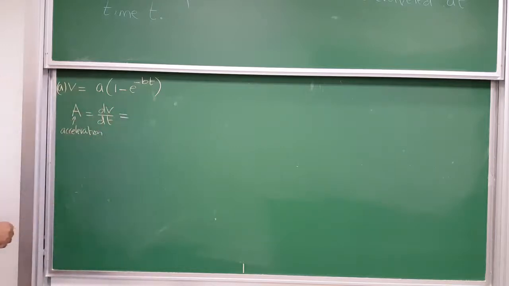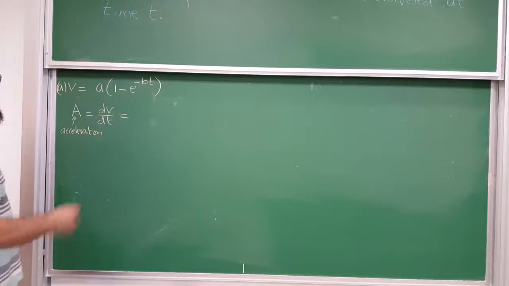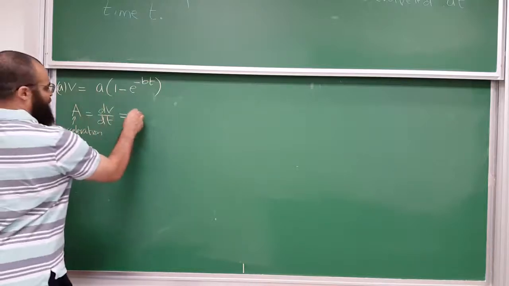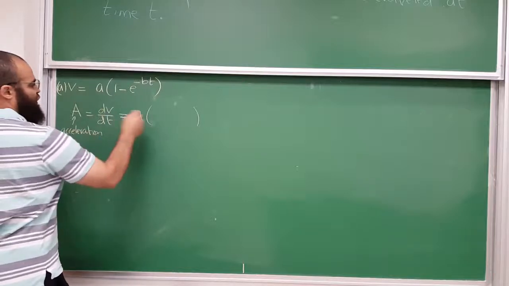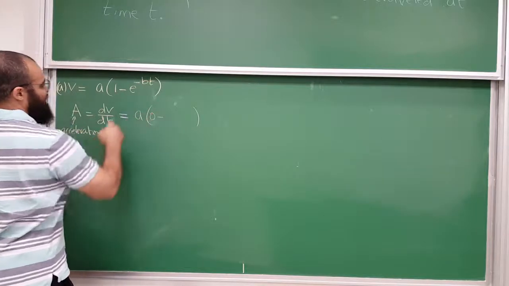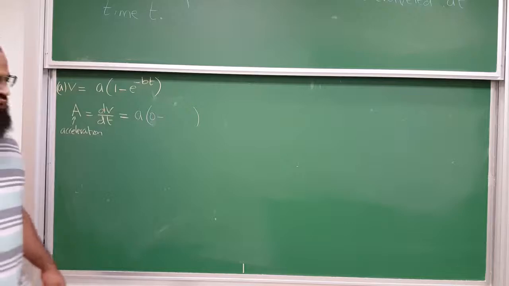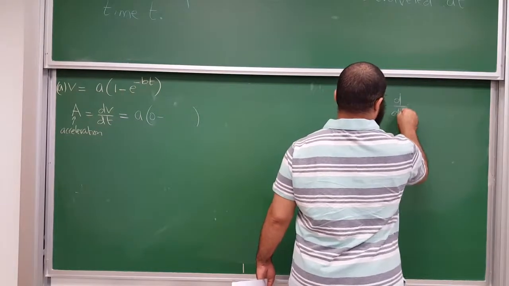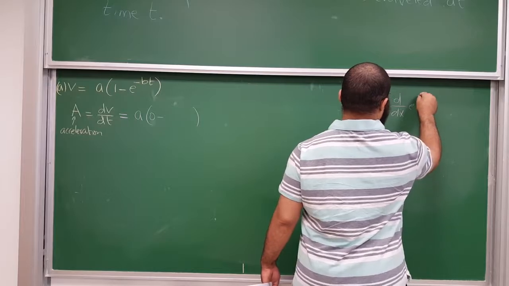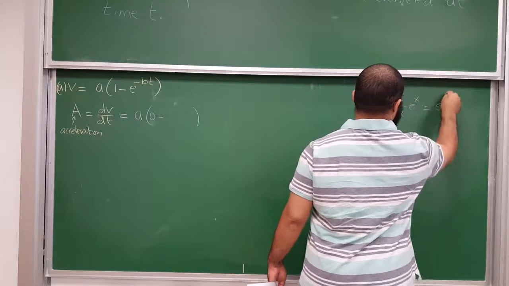Well, let's take the derivative of this. This is a constant, so it will just stay there. And then I'll take the derivative here. What's the derivative of 1? Derivative of 1 is 0. What's the derivative of e to the something? Well, remember, d/dx of e to the x is just e to the x.